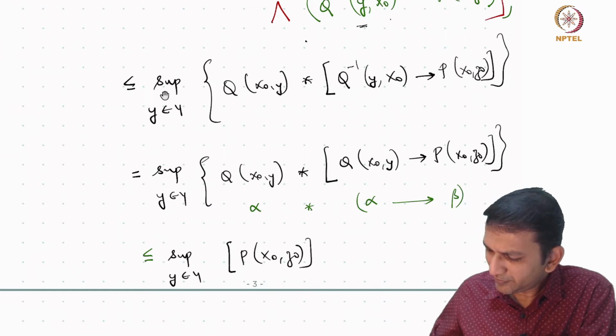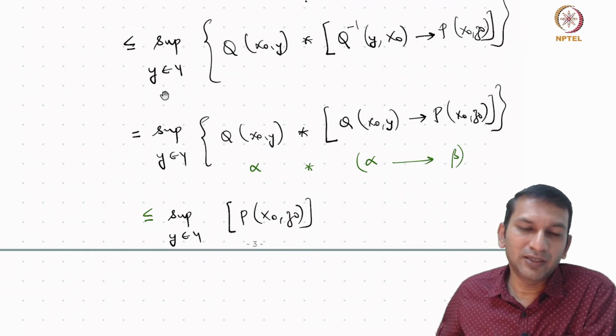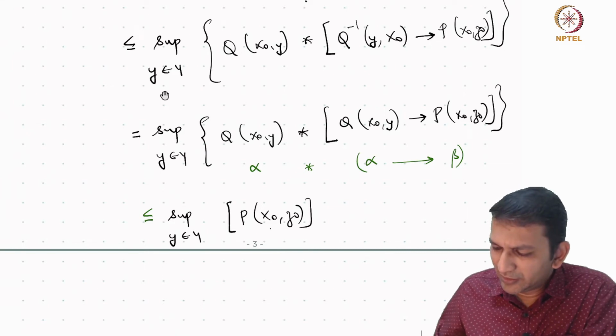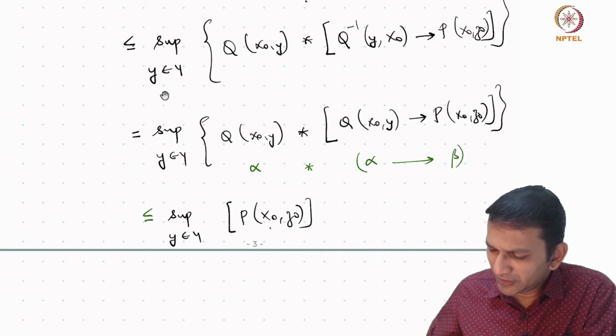But note that the variable that runs, which is free here, is running over the domain Y, whereas here the arguments are actually fixed, x0 and z0, which are from different domains, which means it has no bearing on this value.